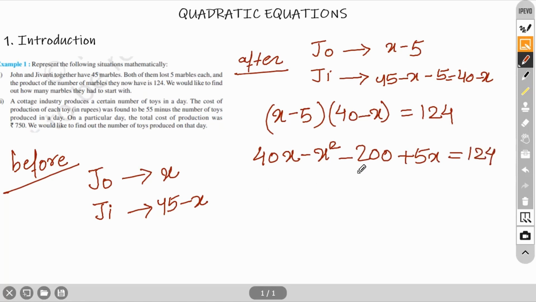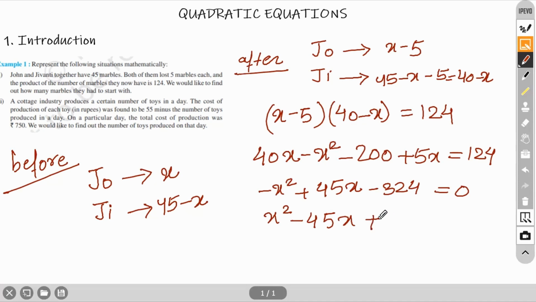Now subtracting 124 on both sides, we'll get minus x square plus 45x minus 324 equals to 0. Multiplying by minus 1 on both sides, we'll get x square minus 45x plus 324 equals to 0, which is the answer where x is the number of marbles that John has.